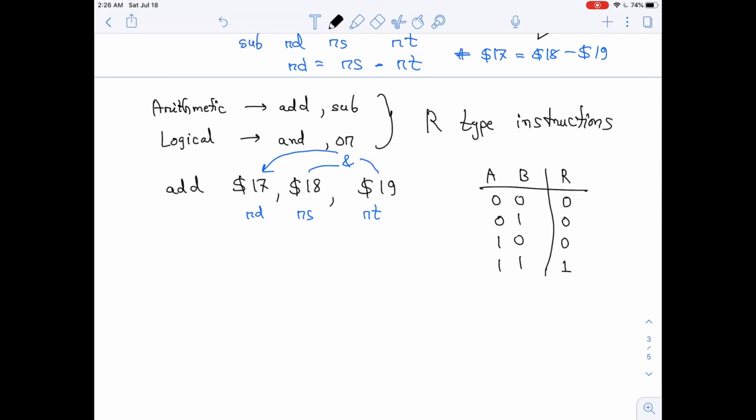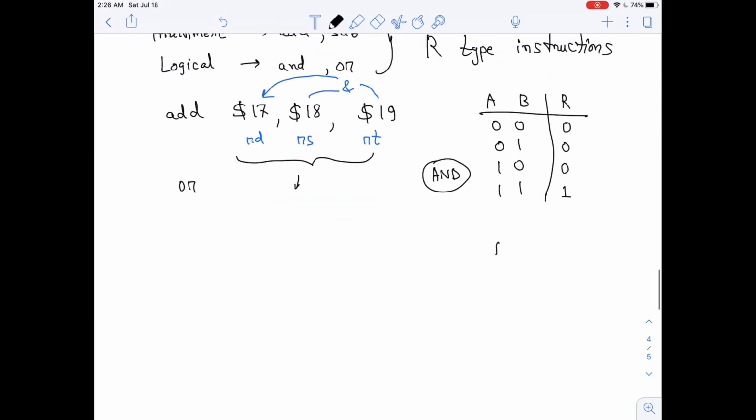Suppose for OR, you'd have the exact same format as the AND operation, which had the exact same format as the add or sub operation. So this was AND, and I hope you're all aware of what an OR operation looks like.